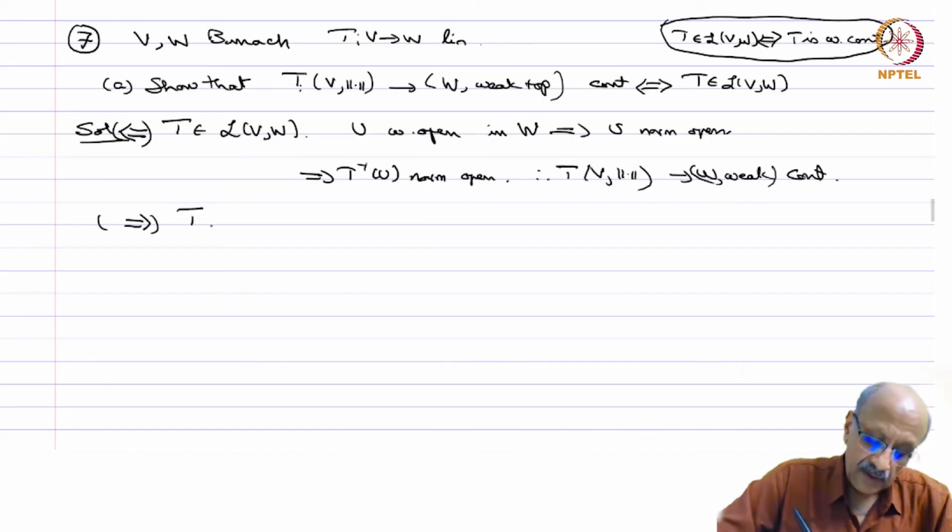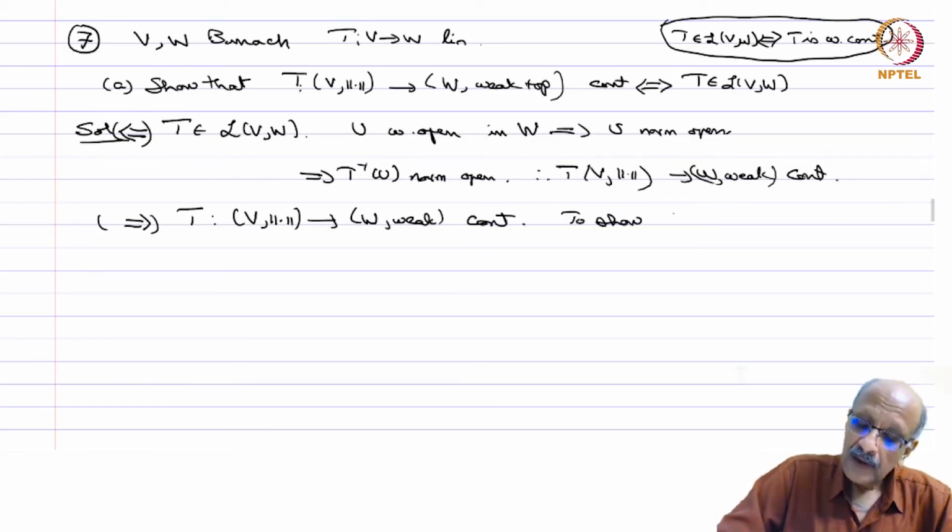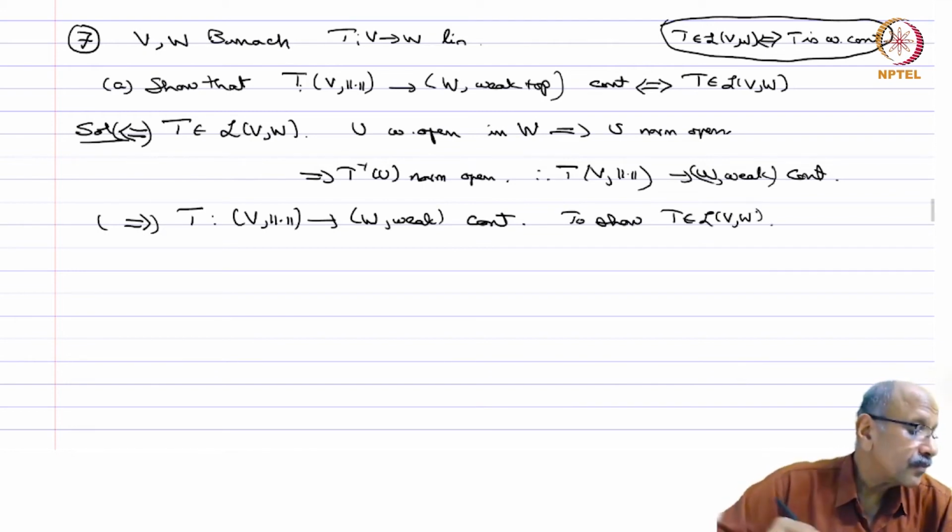So T from V norm to W weak is given to be continuous. So to show T belongs to L(V,W). Okay.